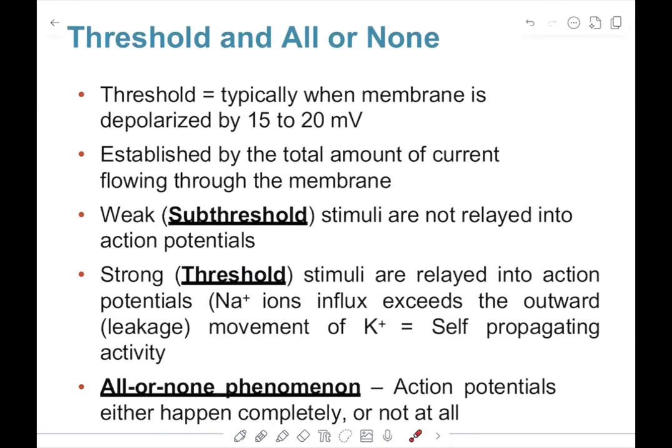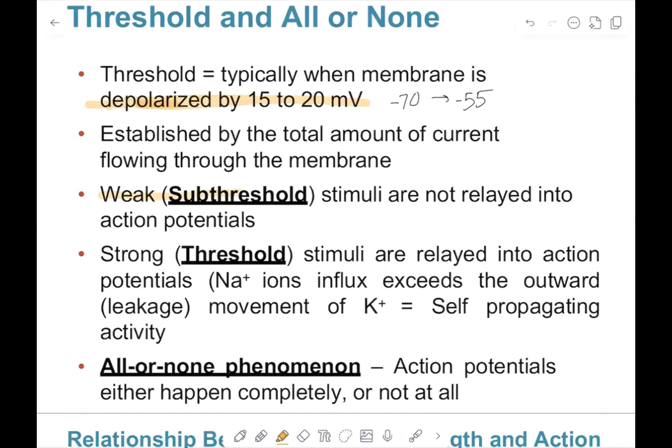So remember, the threshold is typically when the membrane is depolarized by 15 to 20 millivolts. So usually it goes from negative 70 to about negative 55 millivolts. If it's a weak potential, we call that subthreshold, and that would be the graded potential that you learned about earlier. However, action potentials are very strong, so they meet threshold, and as soon as they meet threshold, they're automatically relayed into an action potential.